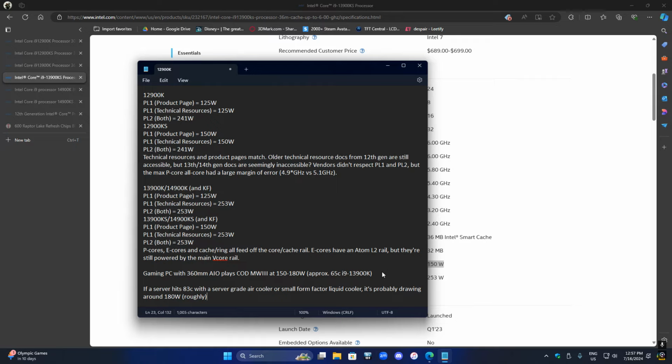I'm not saying it's exact, but let's say even 200 watts, potentially, to hit this, because this CPU is hitting 83 degrees at like 230, 240.